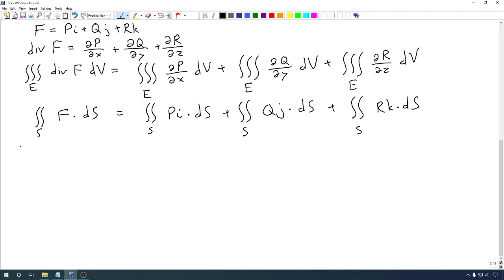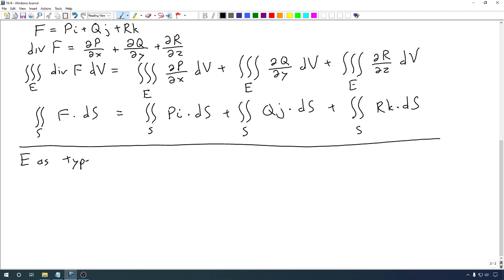Since we are assuming that E is simple, we can treat E as a type 1 region. Remember what that means? That means E is the set of all points x, y, z, where x and y are in some region D in the xy plane, and z is between two functions of x and y.